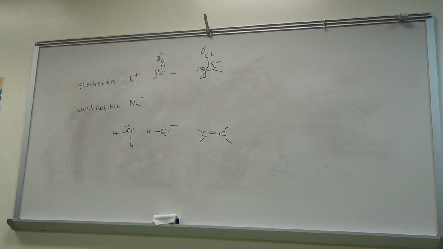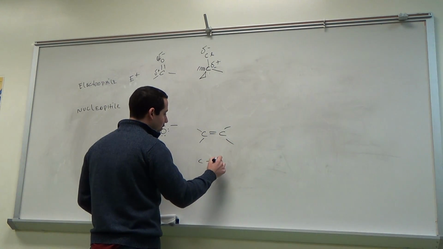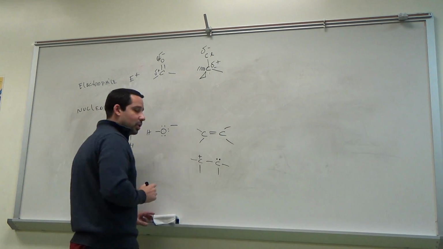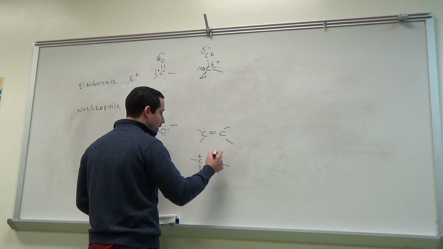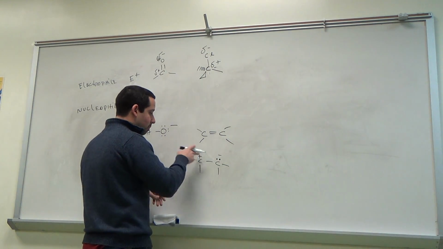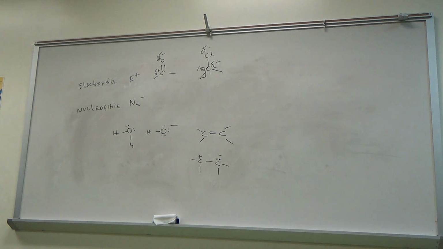But things can attack that double bond too. Okay, because by resonance structure, how is this going to look? If I put the 2 electrons on one thing, how does that look? This looks like positive, while that looks like negative. So it's like a double bond has electrons, but it also has a positive side. Okay? Yes or no? Yes.